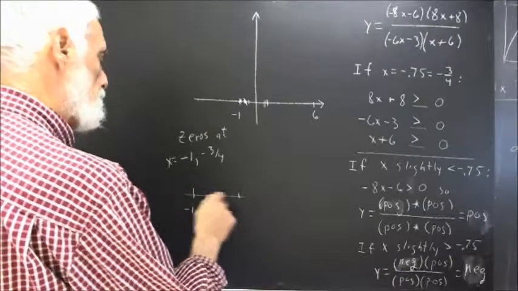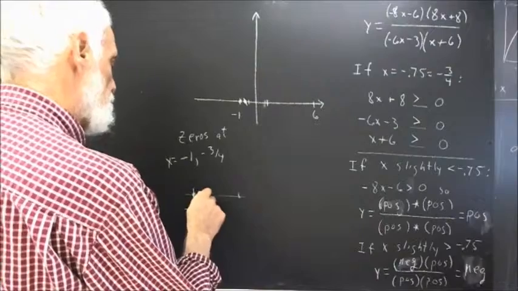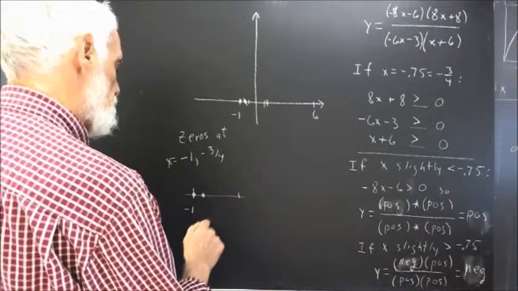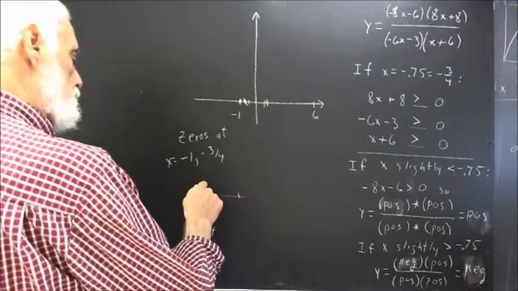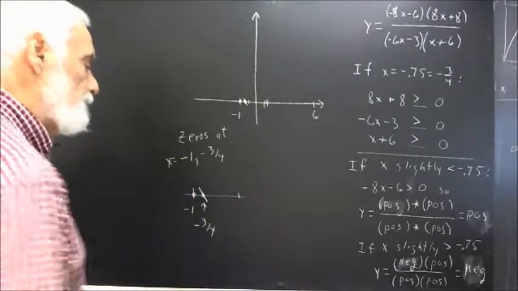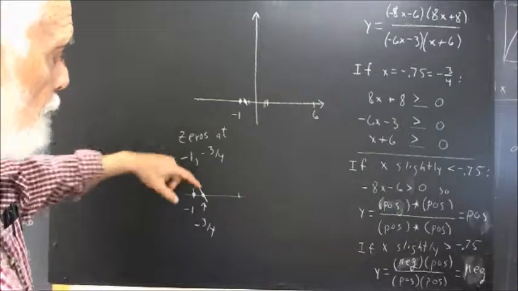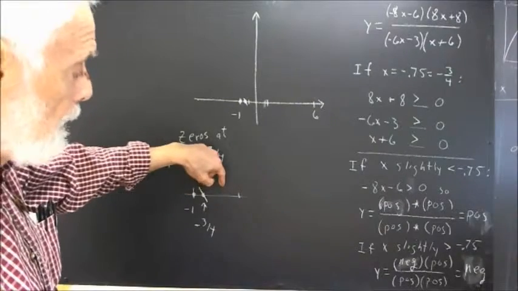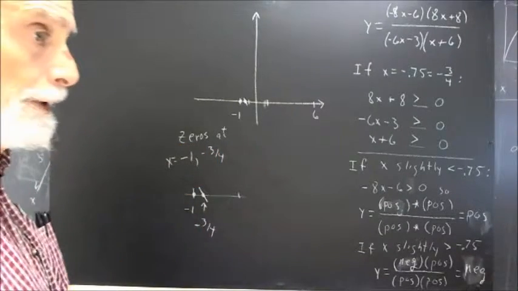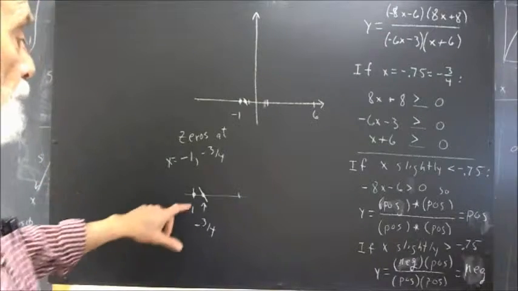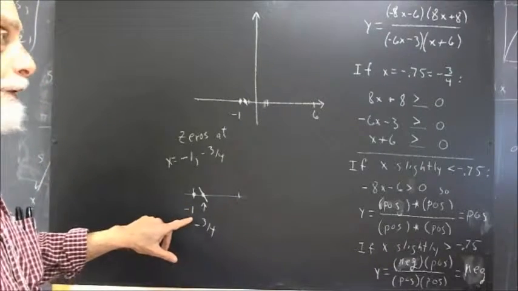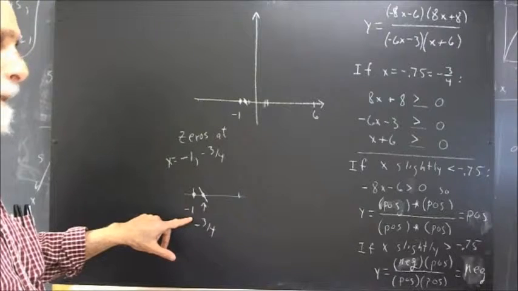Here's -1. Here's -3/4. So I've drawn a little segment that goes from positive on the left to negative on the right of x equals -3/4.